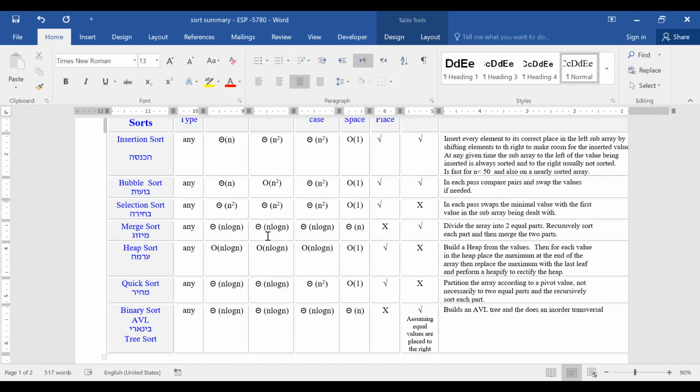So it's n divided by 2, then n divided by 4, n divided by 8, n divided by 16.